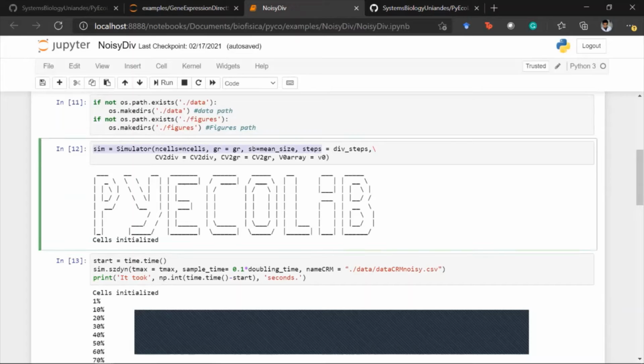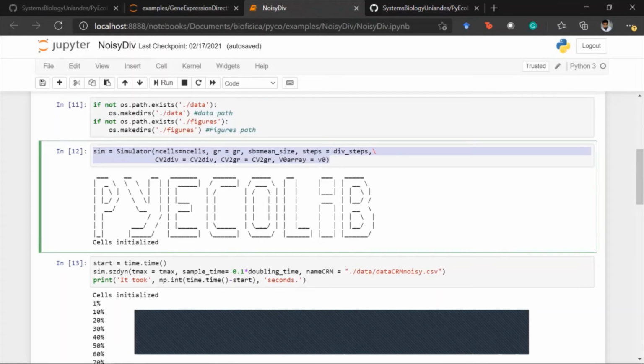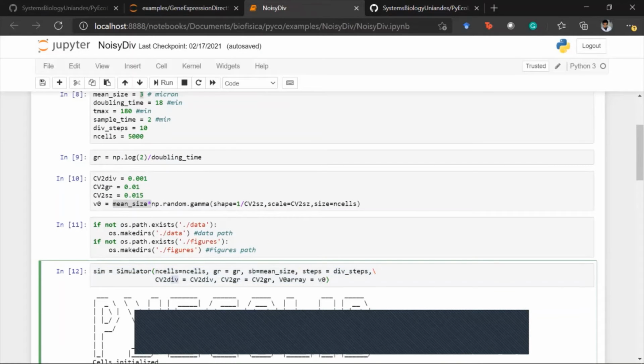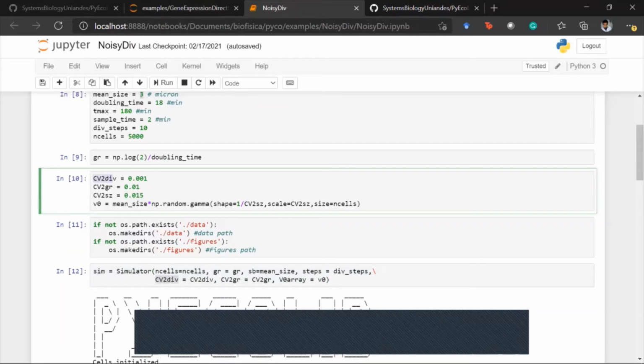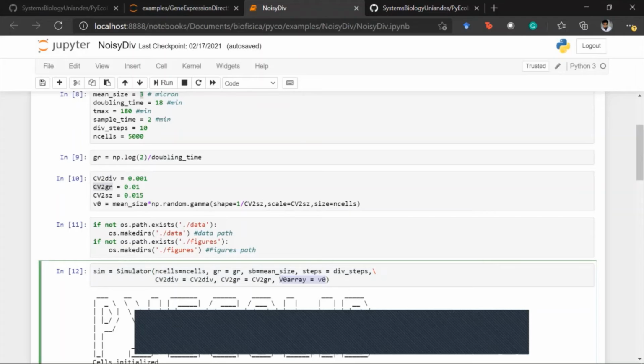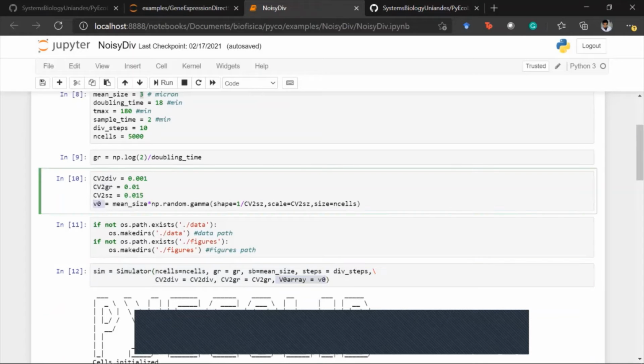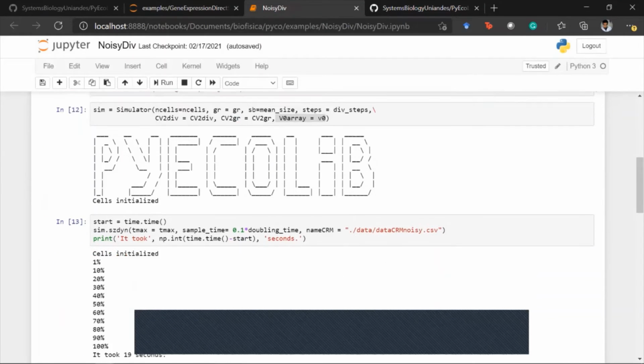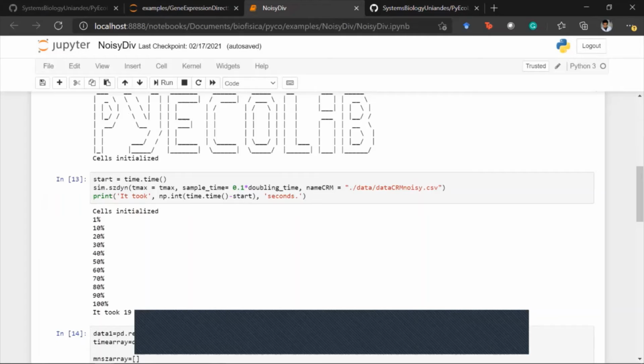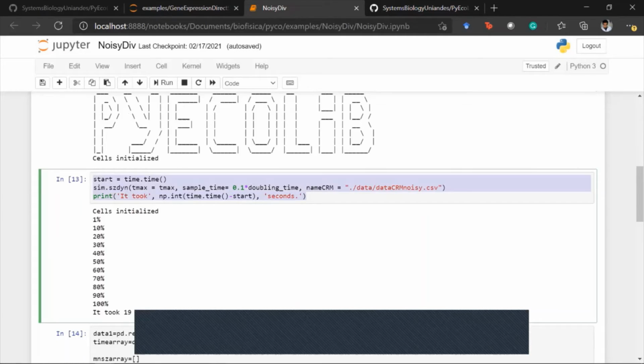You now declare the simulator using these parameters, CV2 div, CV2 growth rate, and the V0 array you defined here. And you can use the function sdim to produce some stochastic size trajectories along the time.